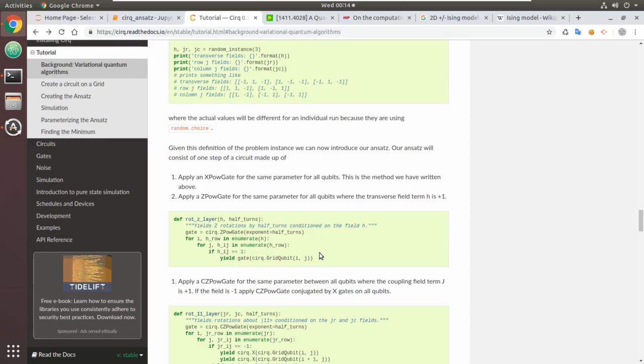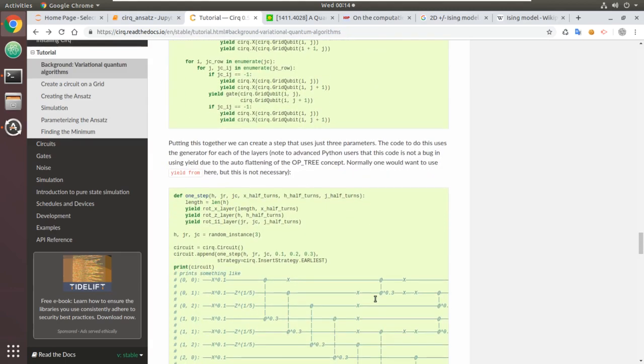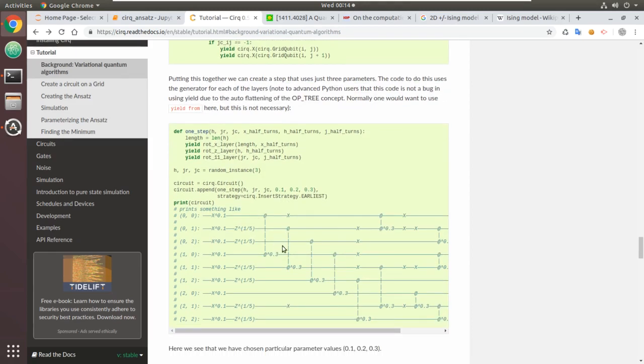The method we have written above applies the Z power gate for the same parameter for all qubits where the transverse field term h is +1. Then a CZ power gate for the same parameter between all qubits where the coupling field term J is +1; if the field is -1, apply CZ conjugated by X gates on all qubits. Okay, so this is already the next step, trying to understand why this is laid out the way it is.